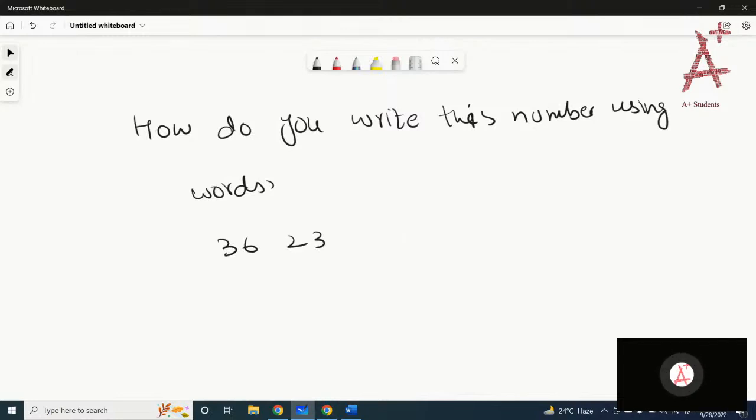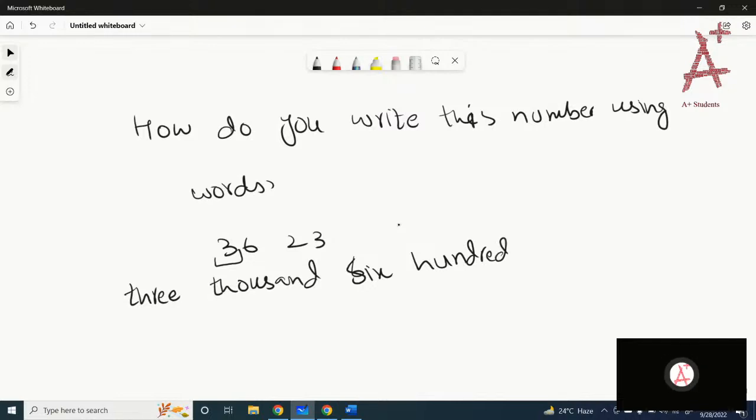So how do you write? First look at the thousands digit. You have 3000. Then write the digit that is at the hundreds position. You have 600. And then look at the digits that are at the tens and ones position. So it is 23.